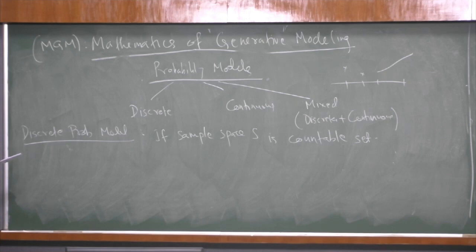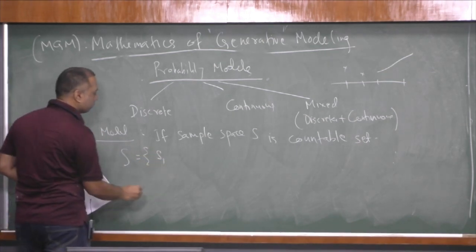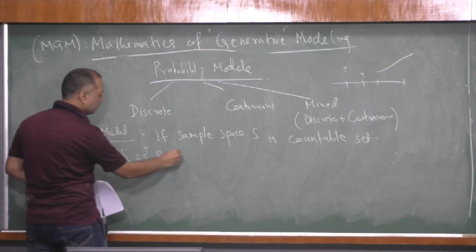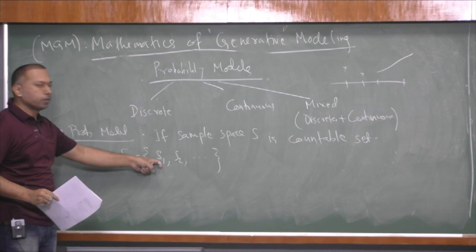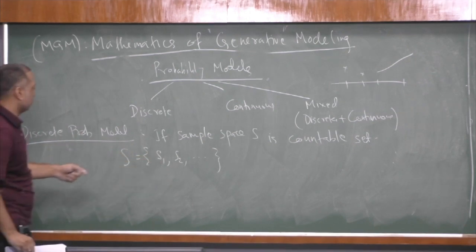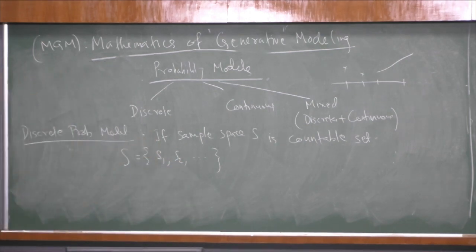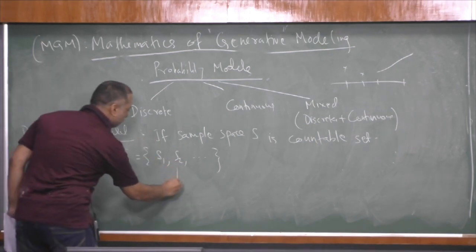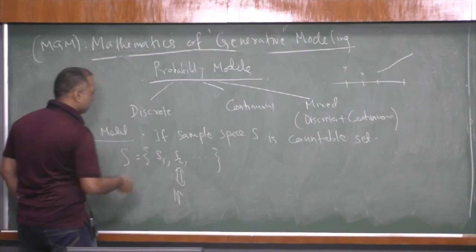In the discrete probability model, in the sample space we can list out elements with indexing 1, 2, 3 like that, and that's the meaning of countability. If I can index a set of outcomes as 1, 2, 3, in other words, I create a 1-to-1 and onto mapping from the set of natural numbers, then it's called countable.